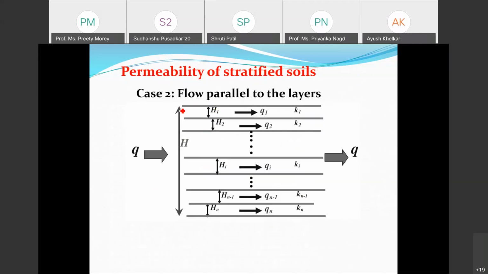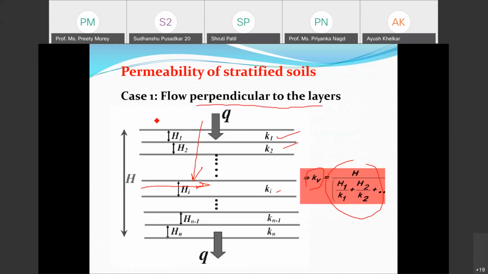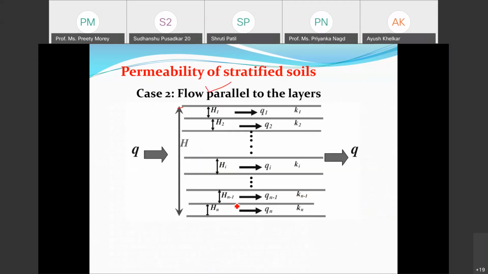The second case is when water is flowing parallel to the layers. When water flows parallel to the layers, the permeability of each layer is different. In the perpendicular case, the discharge remains the same in all the layers, Q in is Q out, whereas in this case the velocity remains constant.